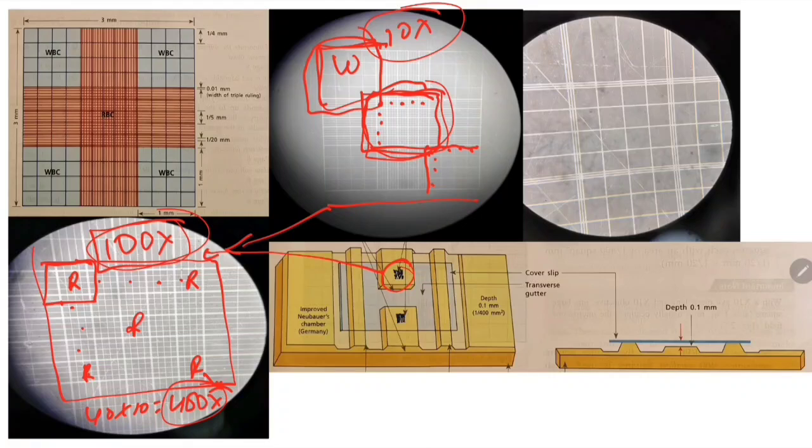First we will charge it and then count it. For WBC we are going to count this whole area. But in case of RBC counting we are not going to count the whole area, but 5 areas, 1, 2, 3, 4 corner and 1 center. So only 5 areas. Out of 25 boxes we are going to count only 5 boxes.